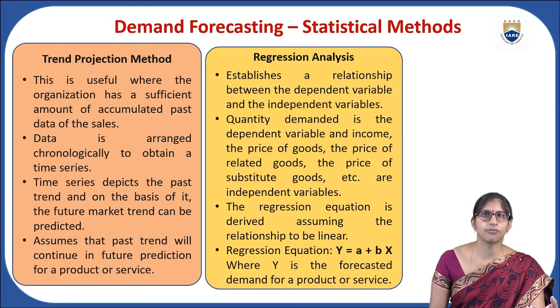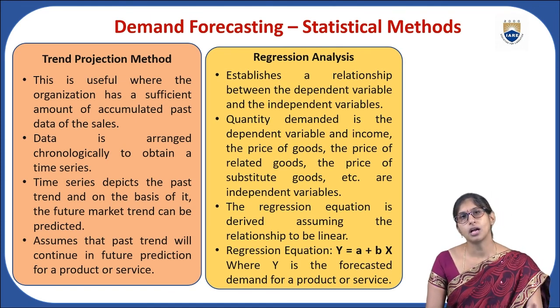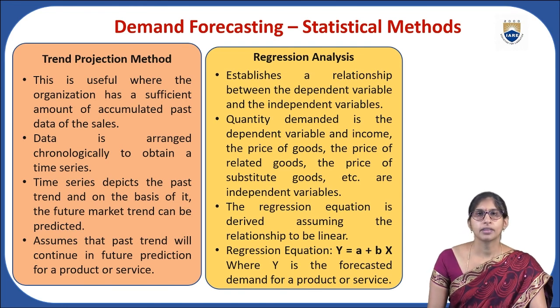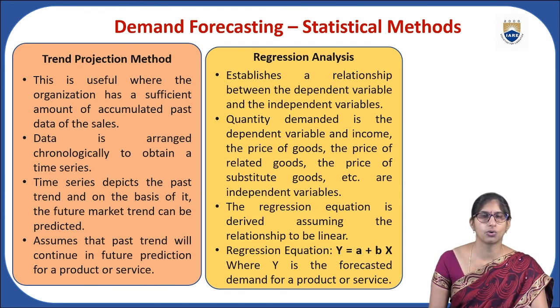So we are going to find out the price of a substitute good. Based on the price of one substitute good, we can estimate the demand for the other substitute good, right? So here it is correlated. This forms a regression analysis.